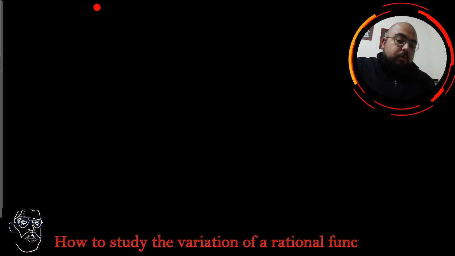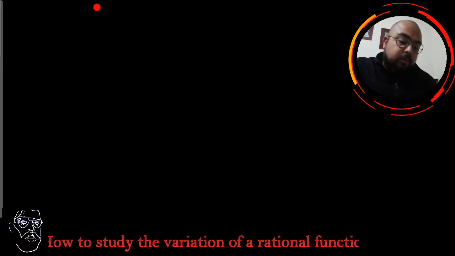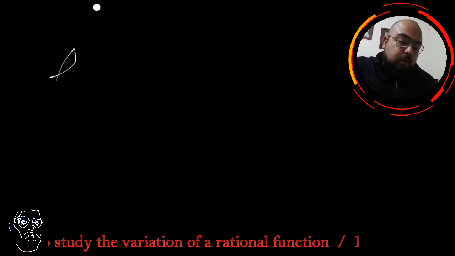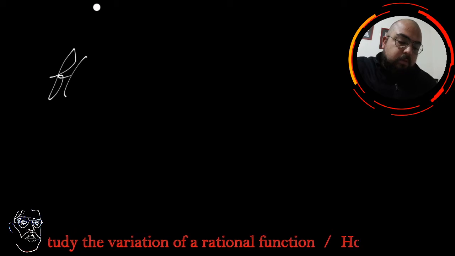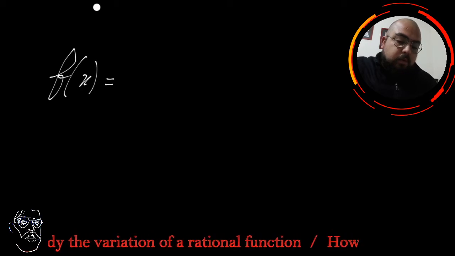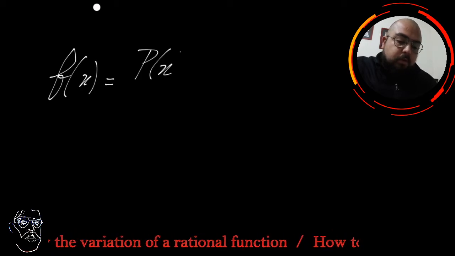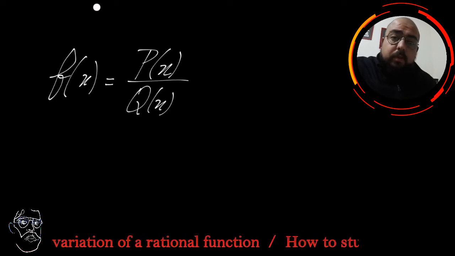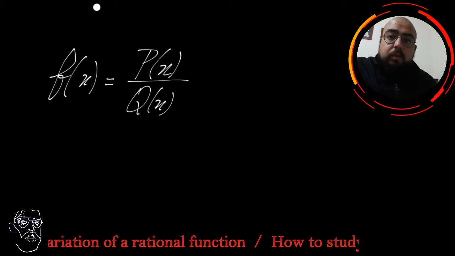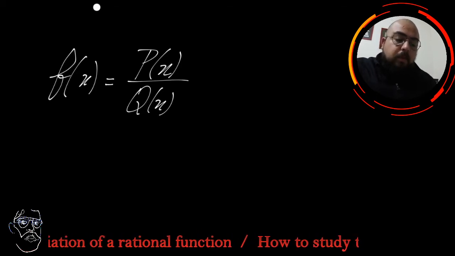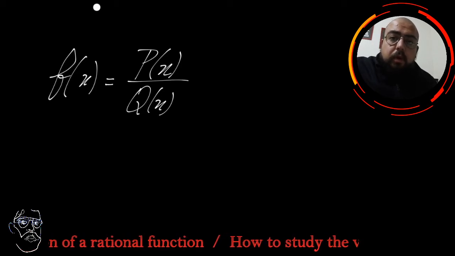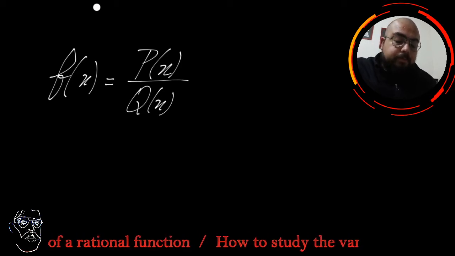Again, we're going to define a rational function. A rational function could be written as f of x is equal to p of x over q of x, where p of x represents a certain polynomial and q of x also represents a certain polynomial. Whenever you have this form, you're already talking about a rational function.